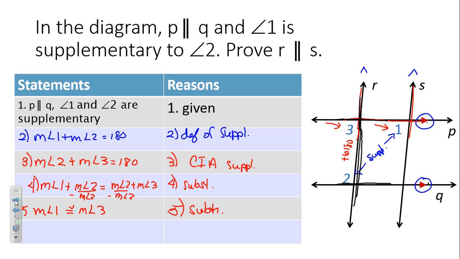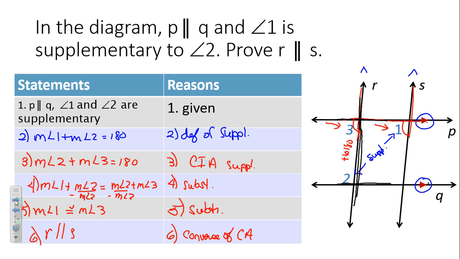And finally, these lines have to be parallel, because now we have 1 congruent to 3 and they're corresponding angles. That forces those lines to be parallel. Converse of corresponding angle theorem. Okay.